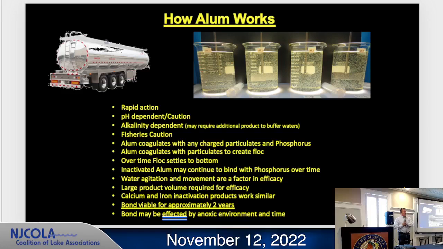So as you put it in there, if you find you don't have enough buffering capacity, you're going to have to apply alum which is already buffered, which has an additional product put into it when it's sent to you, or you're going to have to pre-treat with a buffering agent like lime to bring up that buffering capacity. You're basically bringing up the carbonate in the system, so the pH doesn't drop when you put it in there.